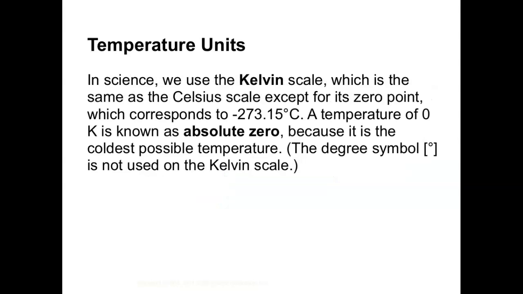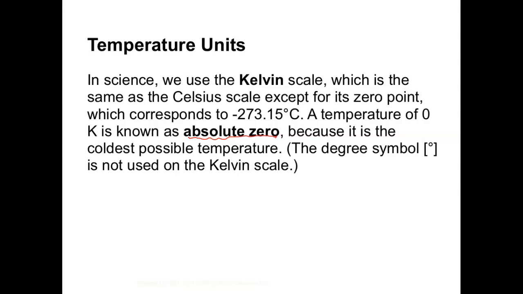In science, we use Kelvin, which is the same as Celsius, except its 0 point corresponds to negative 273 degrees Celsius, which is called absolute zero, the coldest possible temperature, where even subatomic particle motion would cease. It's never been achieved, so it's a theoretical temperature.